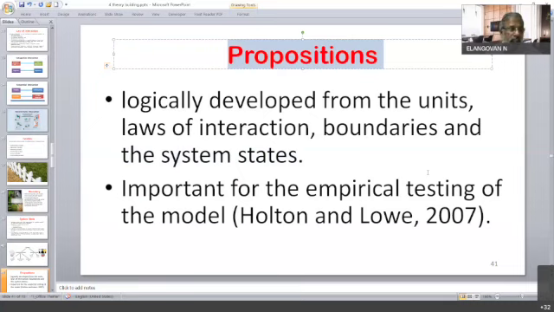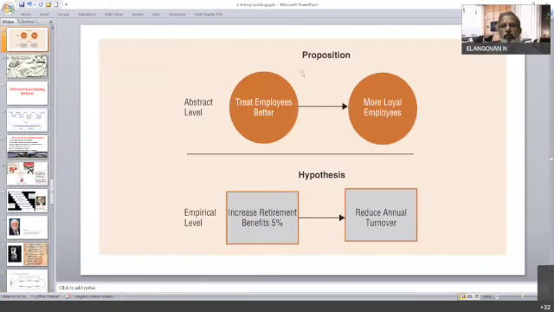In research, we use these two terms, hypothesis and proposition, interchangeably, but that is wrong. A proposition is the theory or the relationship at the abstract level.